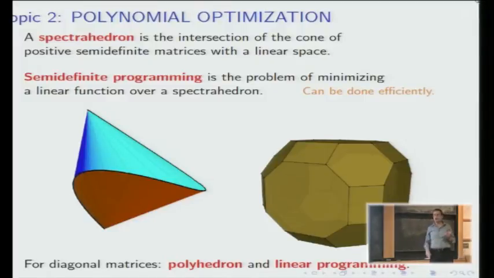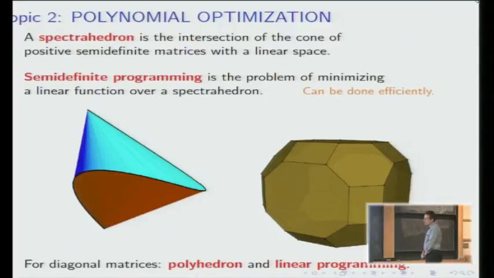And that's where all the action is. So all the action is in the singularity. It's not a polyhedral cone. It's not a smooth cone either. So you cut this cone with a linear space, you get a convex body, and such a convex body we call a spectrahedron, and we want to optimize a linear function over this.